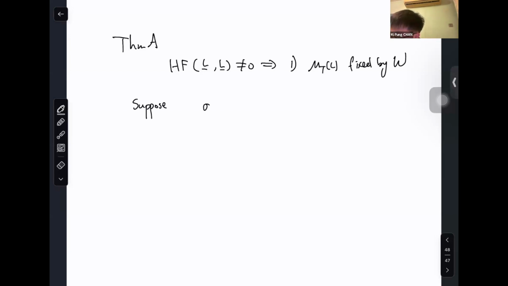Suppose you have an element sigma in the Weyl group such that sigma of mu_T(L) is not equal to mu_T(L), so it's not fixed by that element of the Weyl group. But the left-hand side is equal to mu_T of sigma(L).